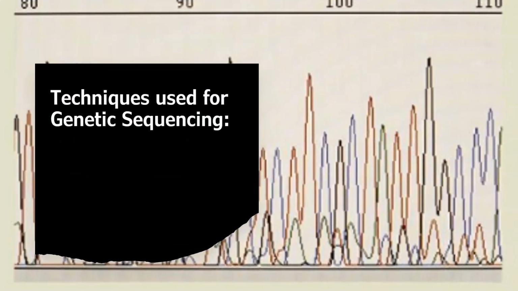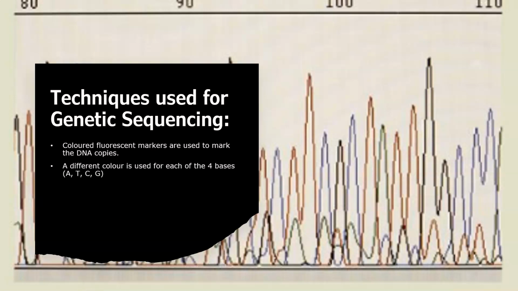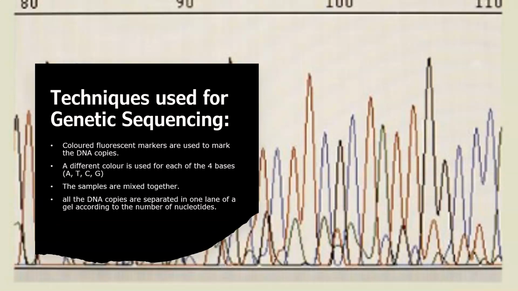So techniques used for gene sequencing, and in the background here we actually have a graph of some gene sequencing. We use coloured fluorescent markers to mark the DNA copies. A different colour is used for each of the 4 bases, adenine, thymine, cytosine and guanine. The samples are mixed together, and all the DNA copies are then separated into one lane of a gel according to the number of nucleotides.